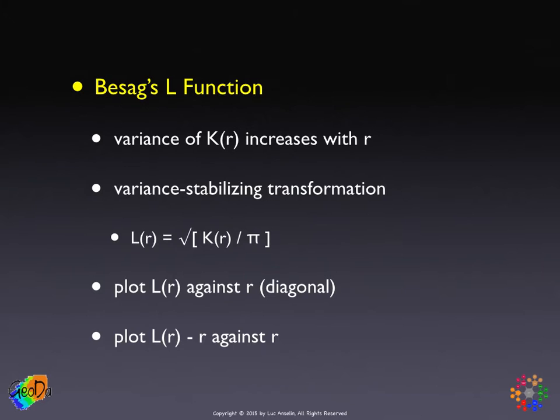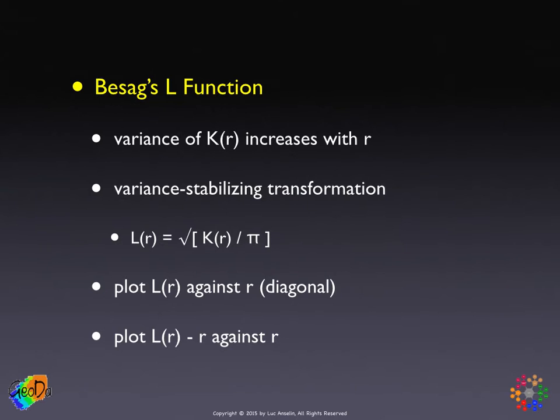And as a result, the L function under complete spatial randomness is a diagonal function of r. So you compare the two by either plotting the L function against r, or by subtracting r from the L function, and then the plot is with respect to a horizontal at 0.